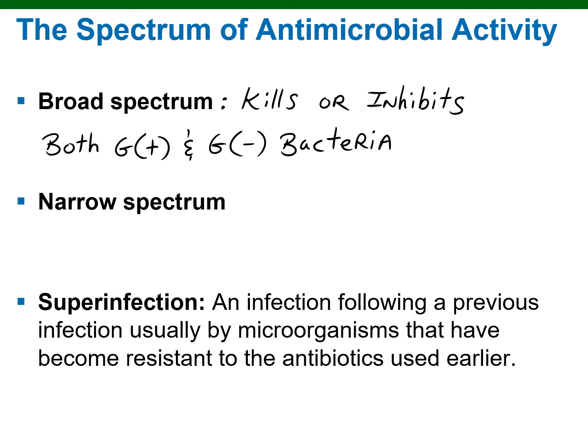On the other hand, narrow-spectrum antibiotics can be very useful as well when the infection is known and there may be a well-targeted application in the category of a narrow-spectrum antibiotic, which is defined as an antibiotic that kills or inhibits only specific types of bacteria.